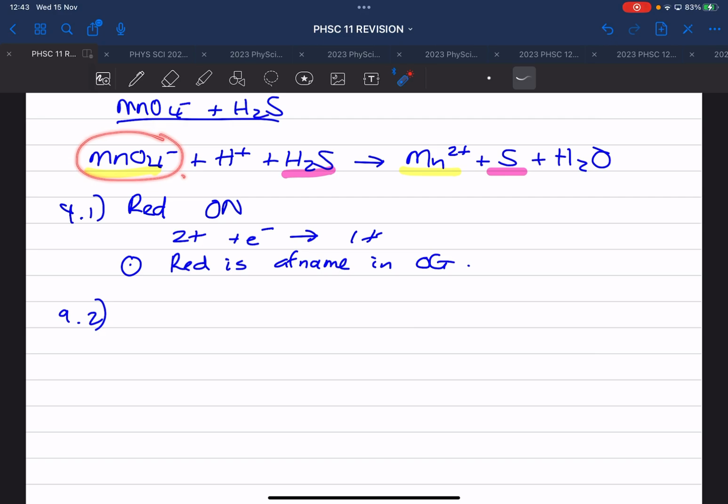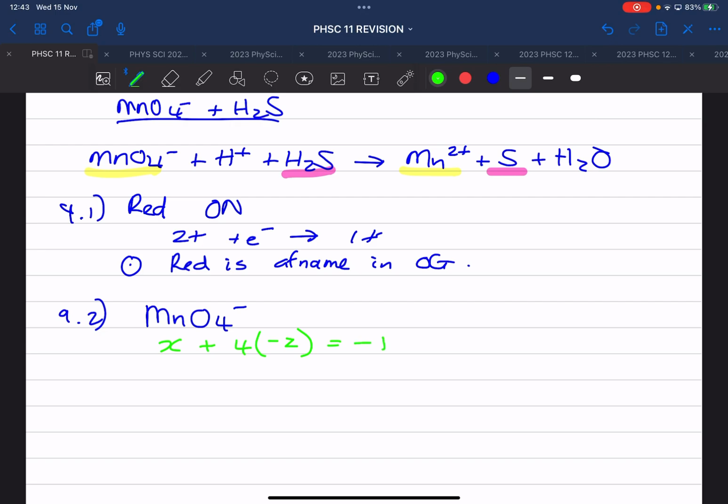If you didn't know it, they tell you at the top of the question. Very important: your total can't be equal to 0, because this is an ion. So you have X plus 4 times the oxygen's valency, negative 2, equal to negative 1. So X minus 8 equals minus 1, so X is plus 7.